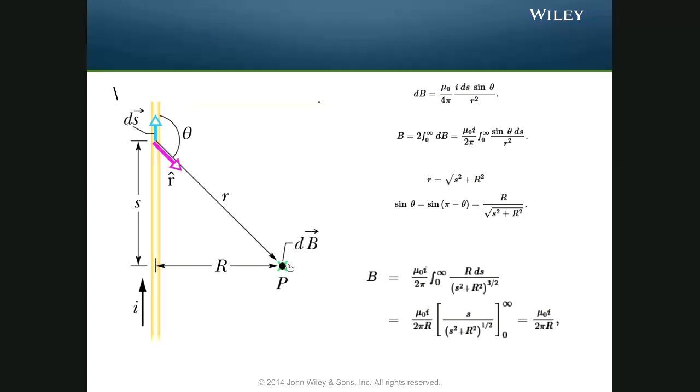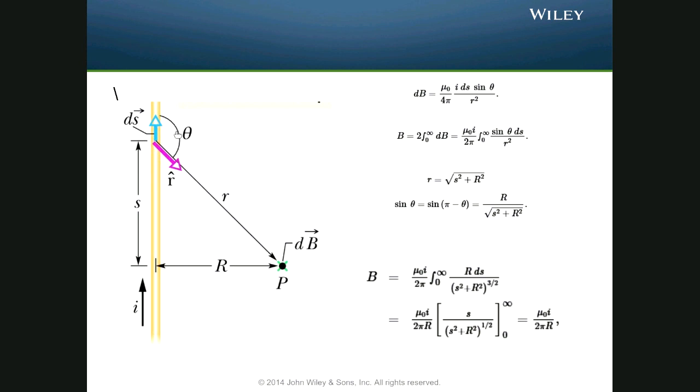But things change here. We have this distance, we're picking this point, but our r value will change along the wire. This can be frustrating. And this angle will change too. A lot of things will change.